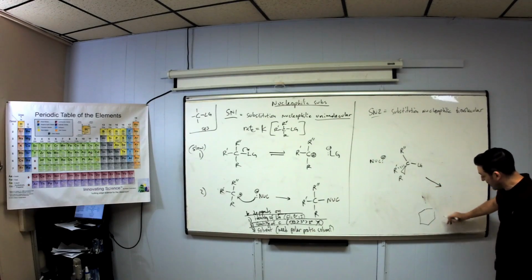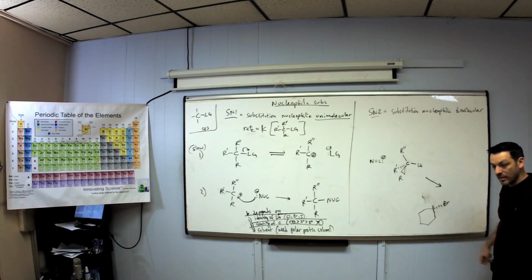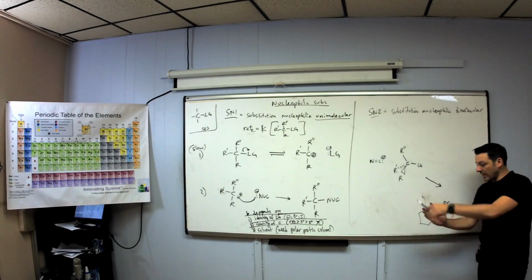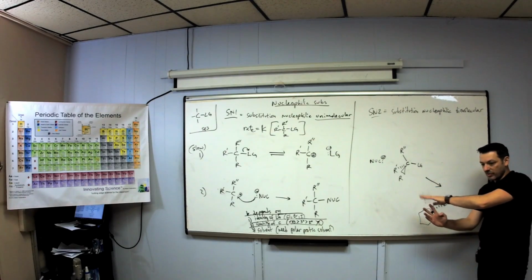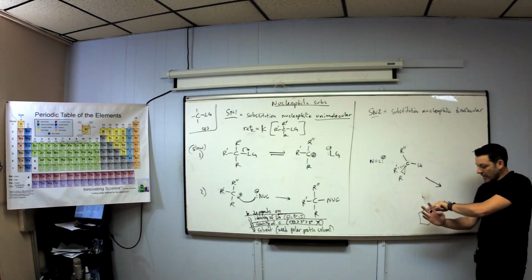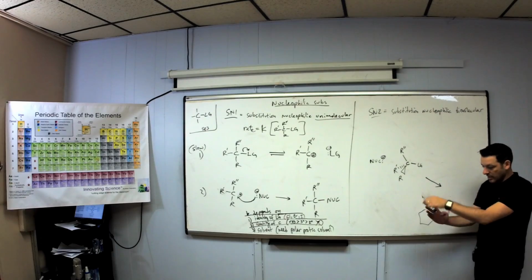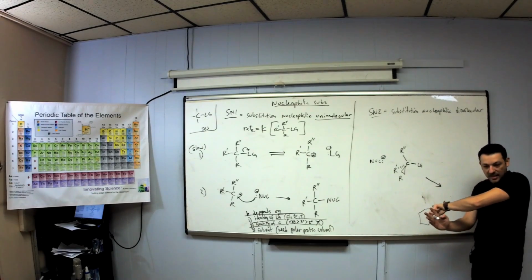If I show you that the leaving group Br is pointing into the board, then the nucleophile will come from where we're at, because here's the ring and the leaving group is over here. Looking at the board, here's the ring and the leaving group's pointing here. So the back side of that is from this side. If the leaving group is over here, the back side is over there.